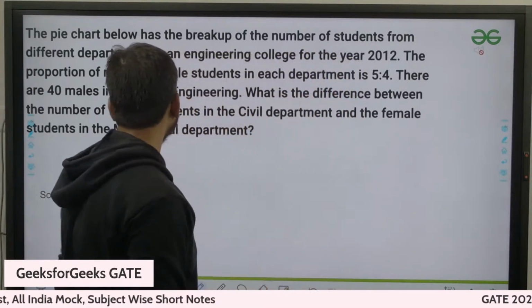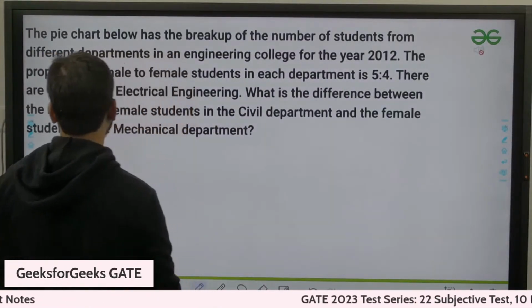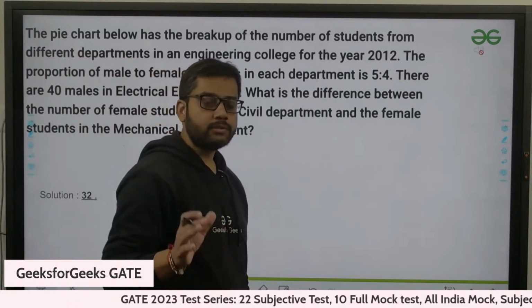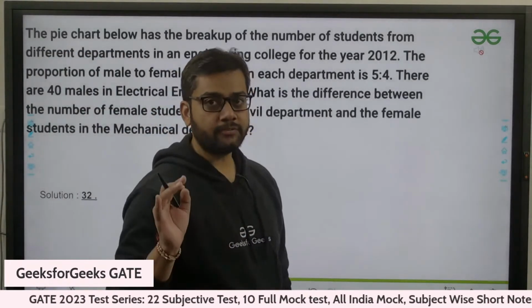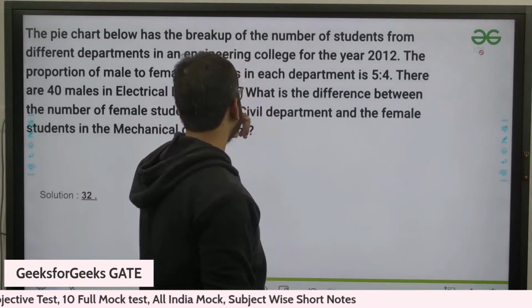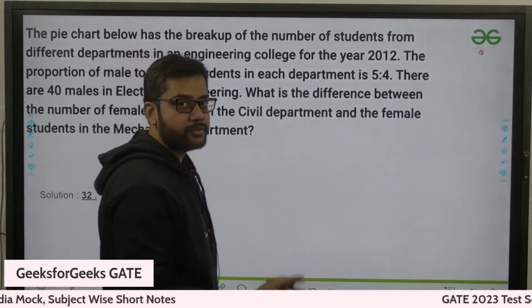See this question. The pie chart below has the breakup of the number of students in the different departments of an engineering college in the year 2012. So the pie chart shows the number of students of an engineering college for 2012. The proportion of male to female in each department is 5:4.